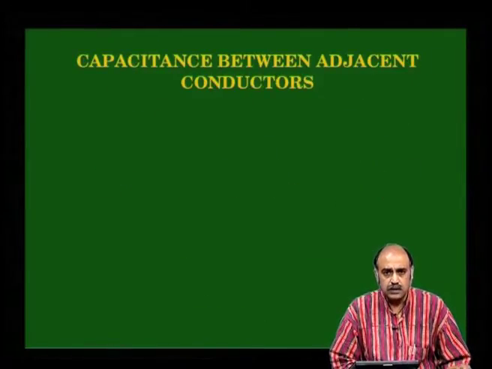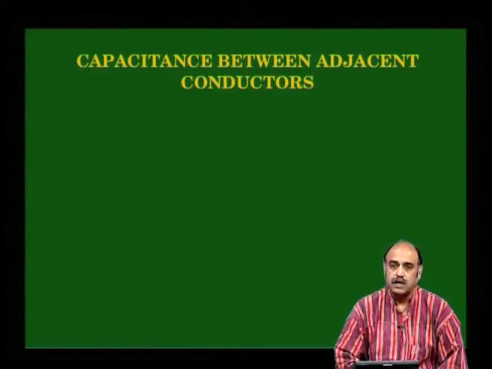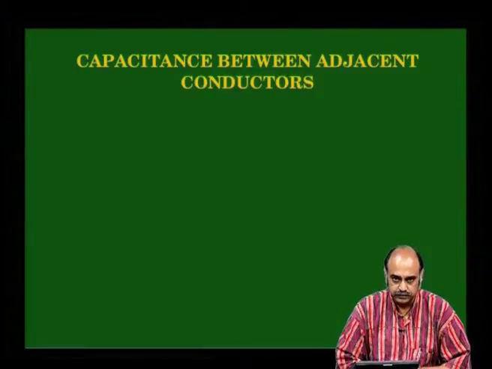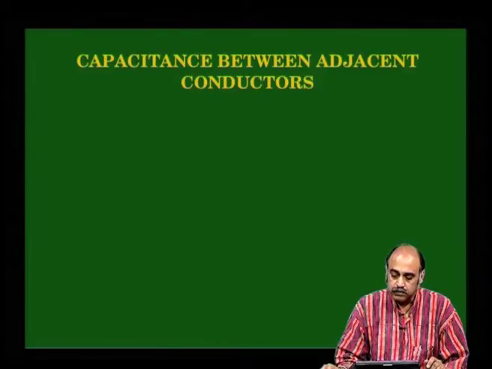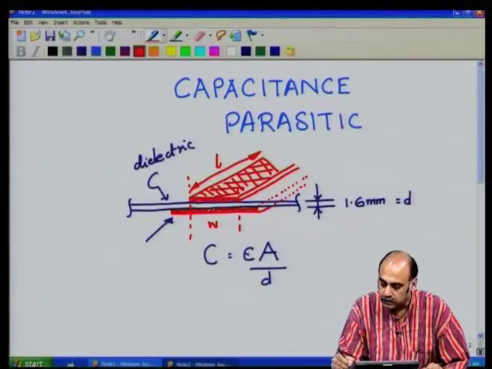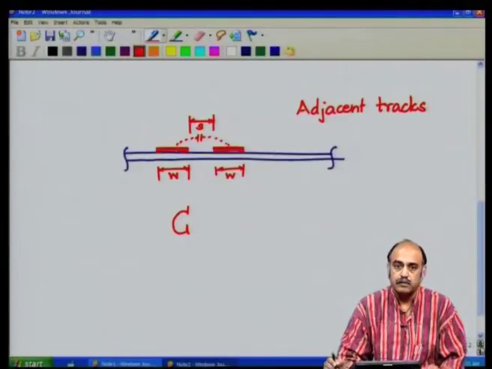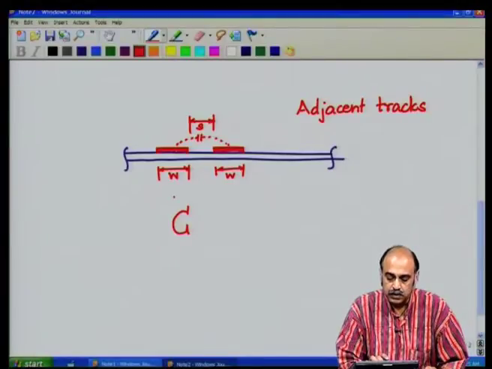Now, let us find out what is the capacitance between adjacent conductors. When we say adjacent conductors, I would like to bring to your attention that I am meaning a situation like this. W is the width of one track, and W here is the width of another track.